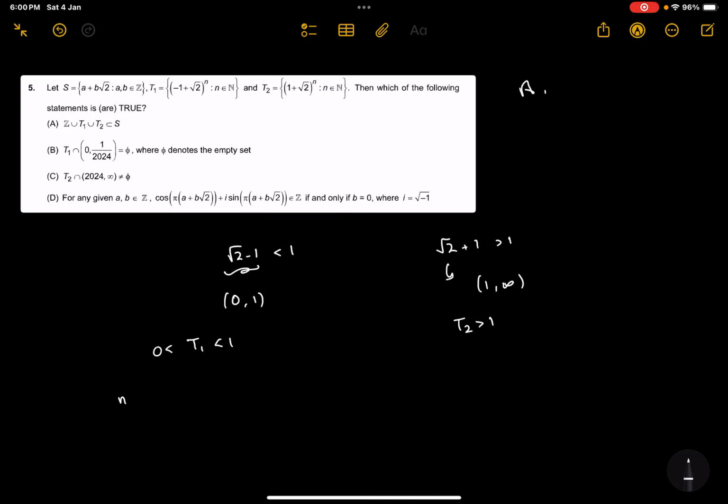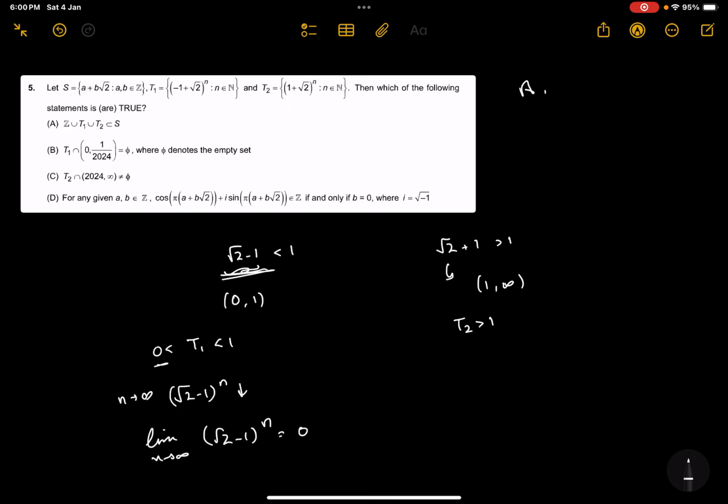As n goes to infinity, as root 2 minus 1 is less than 1, as n increases, root 2 minus 1 to the power of n decreases, and the lower bound obviously is 0. Limit n tends to infinity, root 2 minus 1 to the power of n is equal to 0.